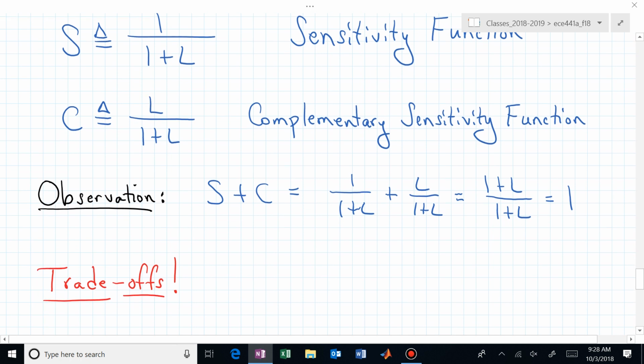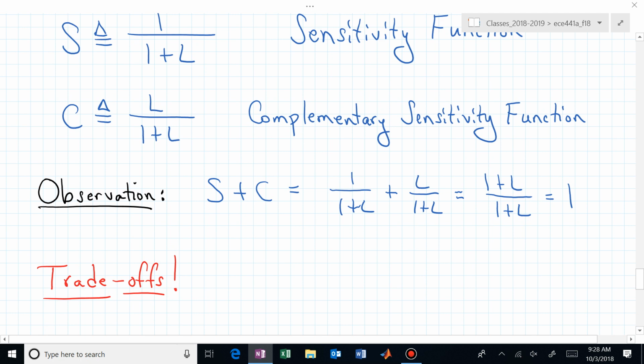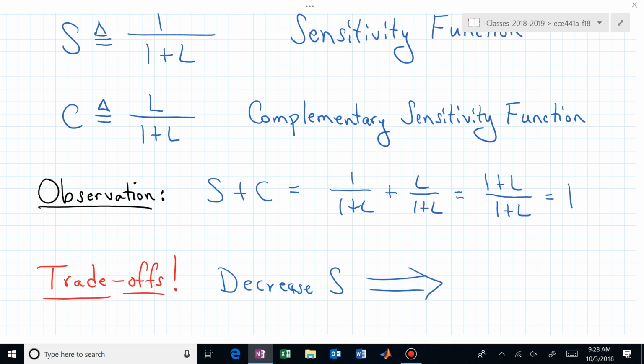And that now gives us a trade-off. What happens if we said, well, I want to reduce the sensitivity in my expression or in my system? If I decrease S, what happens to C? Does it go down?